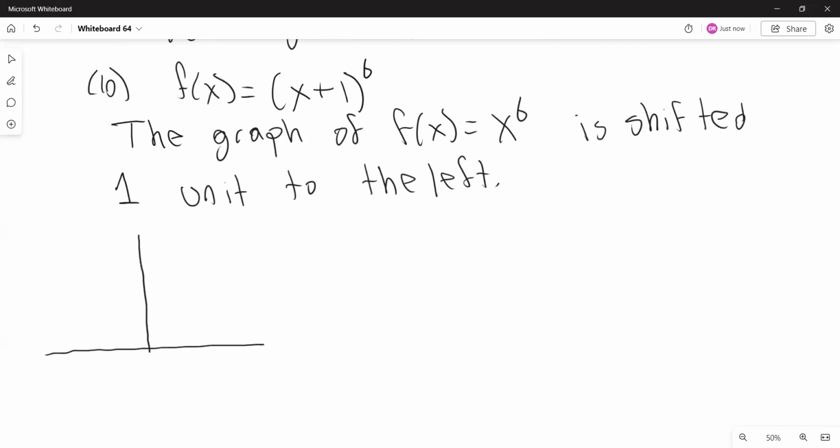So instead of passing through 0, 0, it's going to pass through -1, 0. Instead of 1, 1, it's going to pass through 0, 1. And instead of -1, 1, it's going to pass through -2, 1.